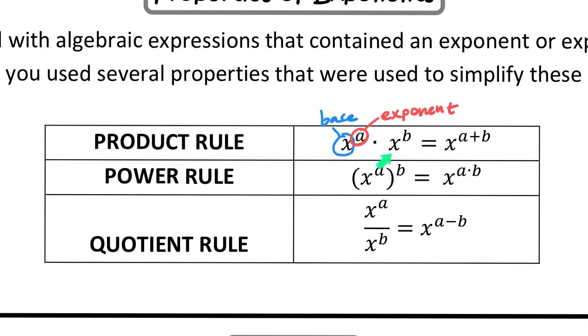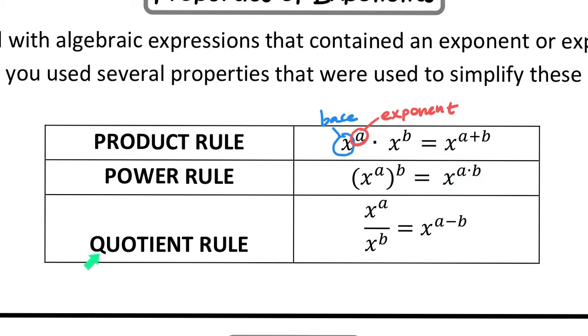So if we have two terms with the same base, in this case x, and they're multiplying, we have the product rule. Product means to multiply. When you have two terms like this, their exponents end up adding. Then you have what's called the power rule: if you have an exponential term, but then you raise that term to another power, those two exponents multiply.